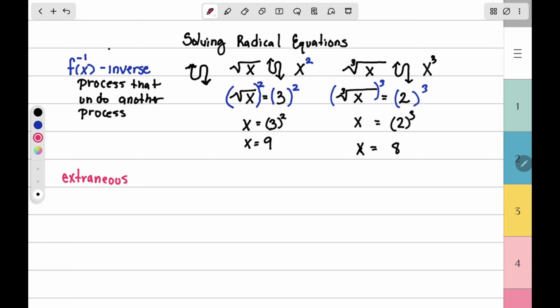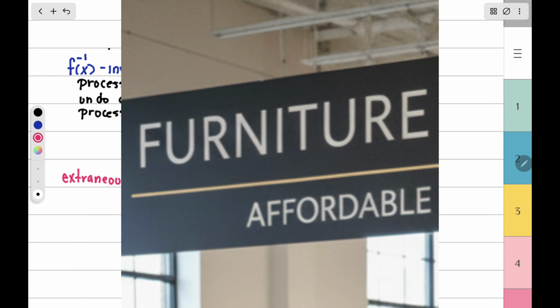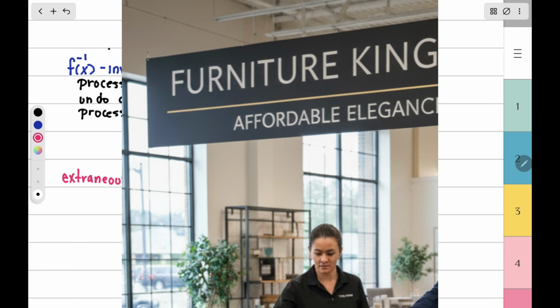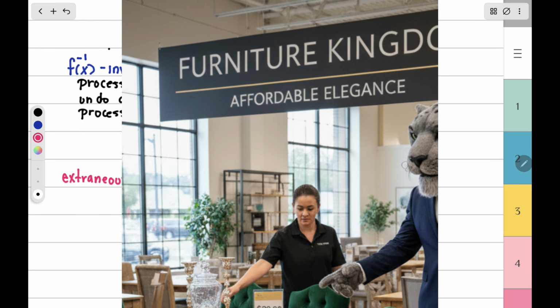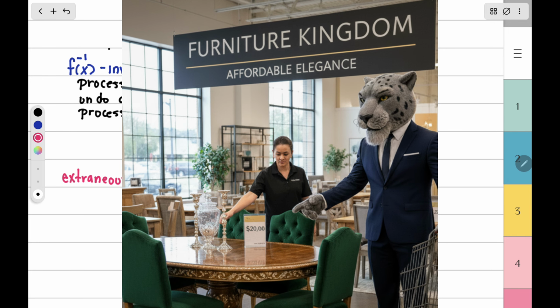For instance, let's say you need a kitchen table. You just got your new apartment, and you go to a furniture store, and the salesman says, hey, we have a great kitchen table for you. Here it is. You love it.